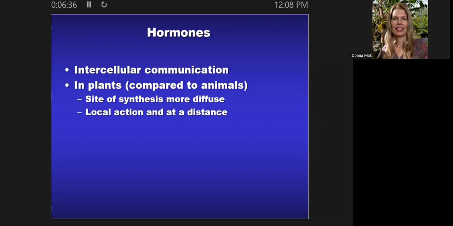They can act right where they're getting synthesized, or they can work at a distance. As far as I know, human hormones or animal hormones tend to be a distance action. Plants, it can be local or at a distance. They have concentration dependent effects.